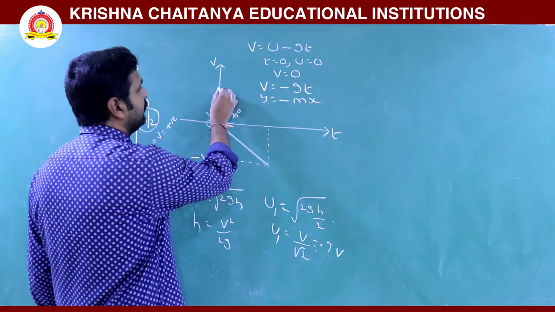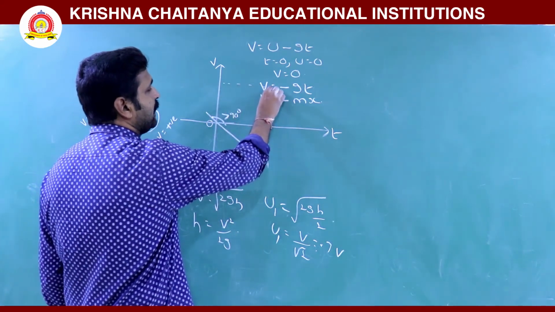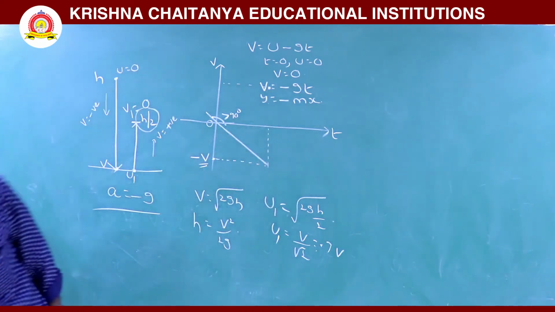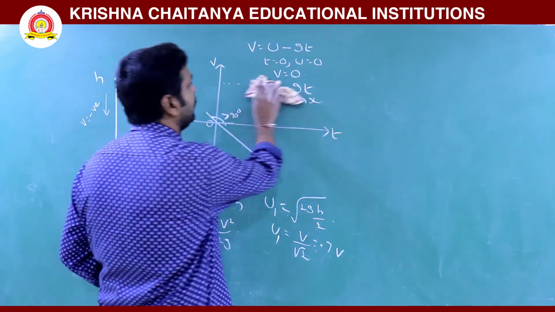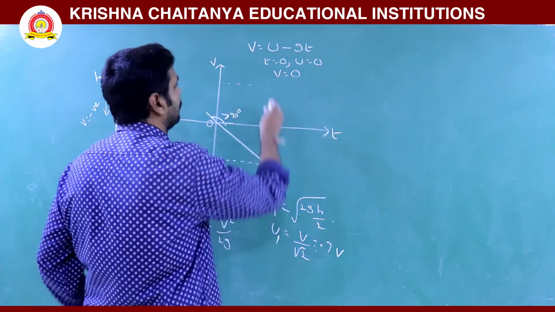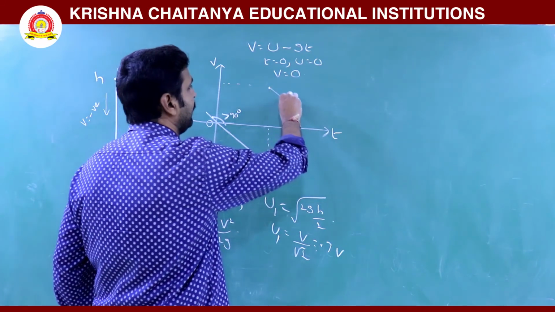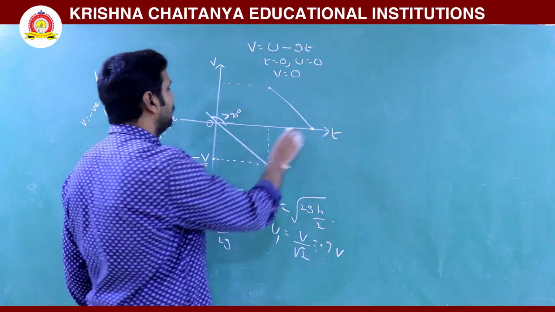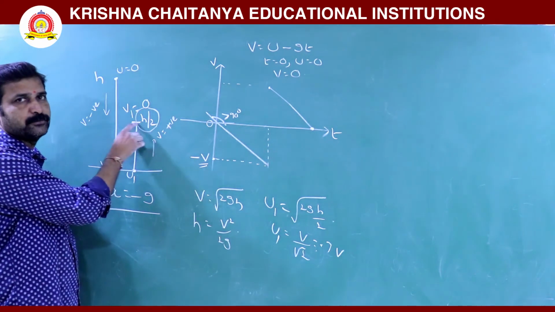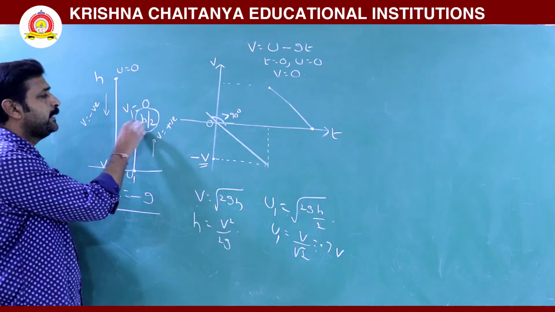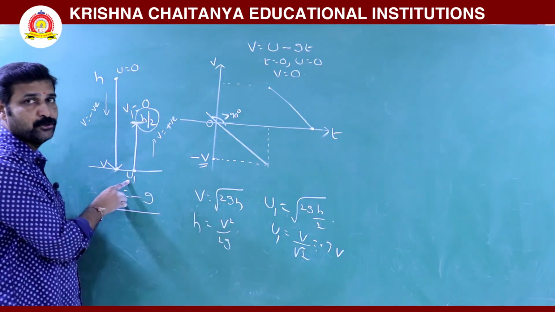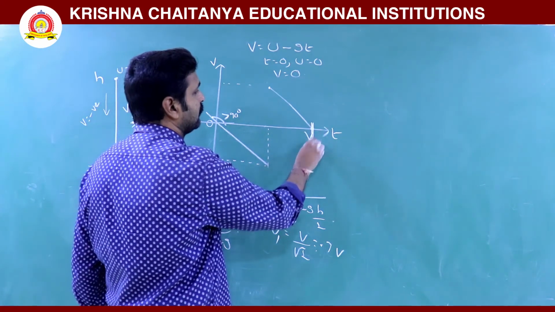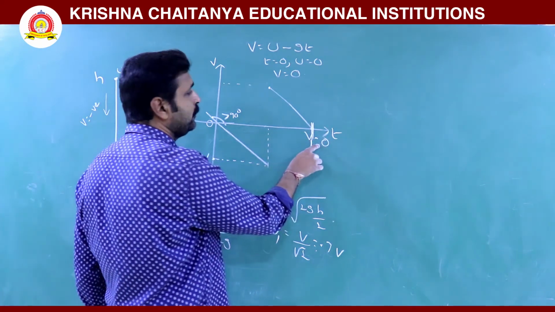From here it starts and again moves to maximum height, where the final velocity is 0, because it reaches the maximum height h by 2 when projected with velocity u1.